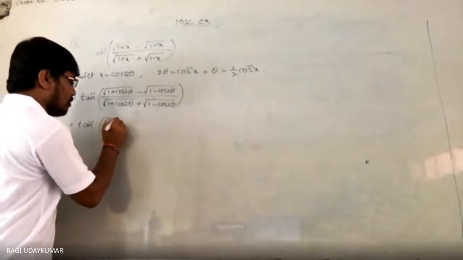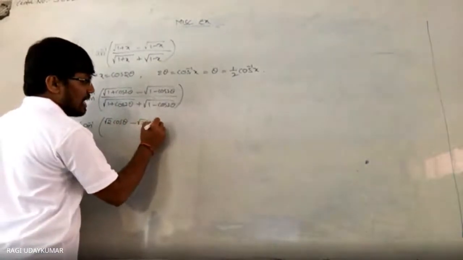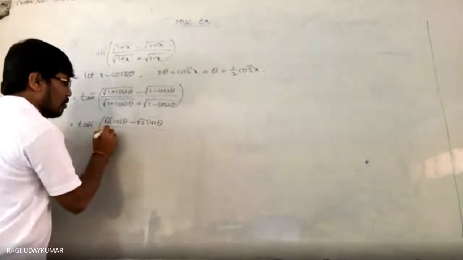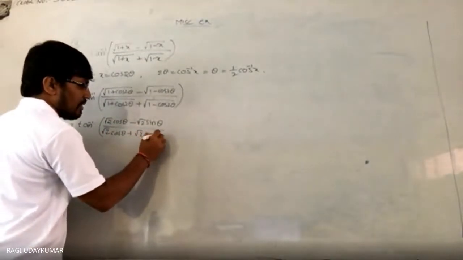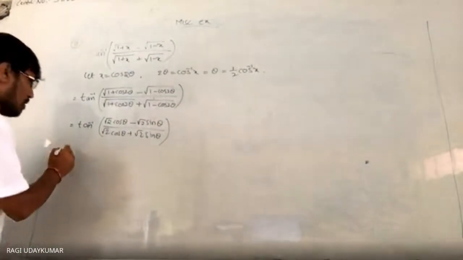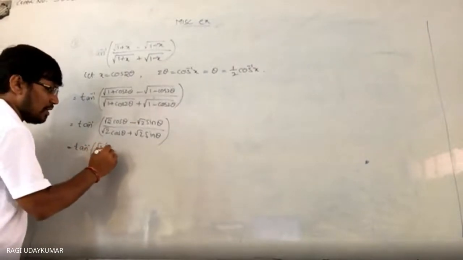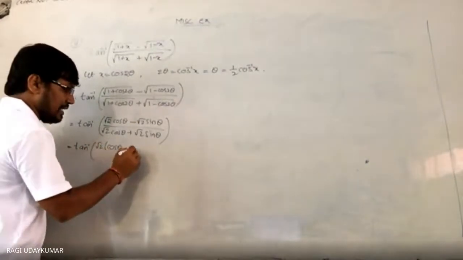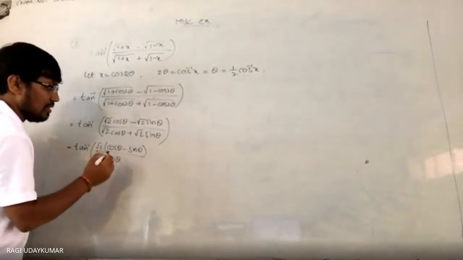Similarly this becomes root 2 sin theta. Root 2 will be taken common, then cos theta minus sin theta by cos theta plus sin theta.